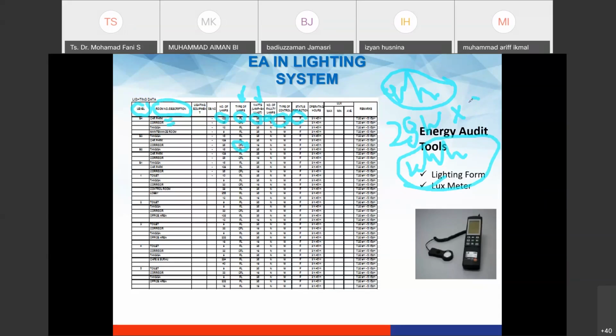For example, 8 hours a day. So we can get here 28 watt multiplied with 8. So 0.22 kilowatt hour, right?